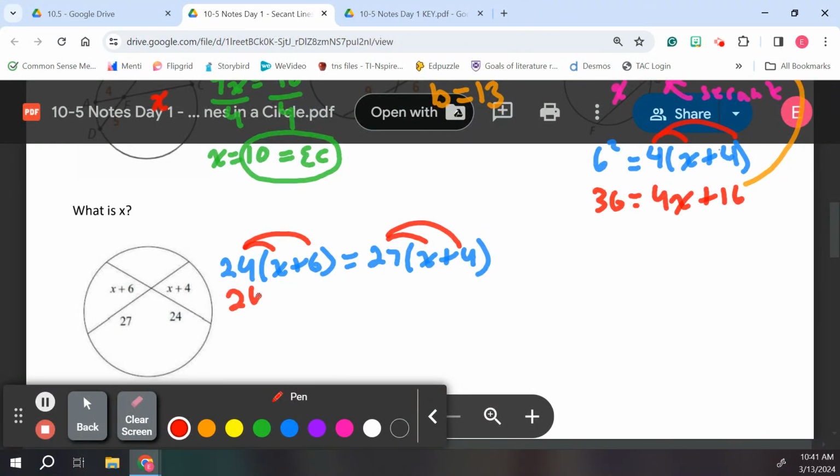This leaves me with 24x plus 144, and I'm setting that equal to 27x plus 108. I want you guys to finish solving and let me know, what does x equal?